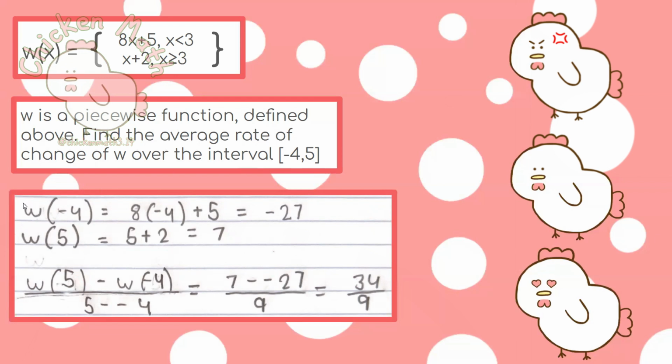So that's how you find W of -4 and W of 5. You just plug it into the corresponding equations, and that's how you get your output values for these input values. Then you put those output values into your rate of change equation to get 34/9, which would be the average rate of change over this interval.